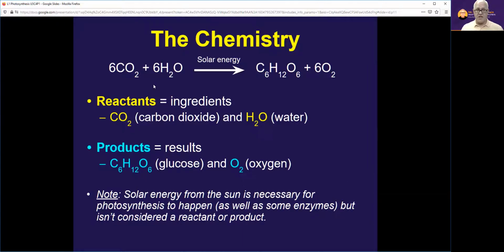So the chemistry again, carbon dioxide plus water plus solar energy yields glucose and oxygen. Make sure you're familiar with these particular formulas because you're going to see them a lot the rest of this semester.